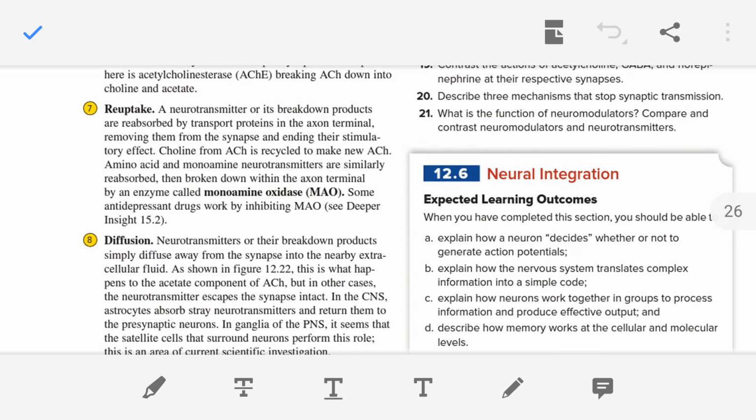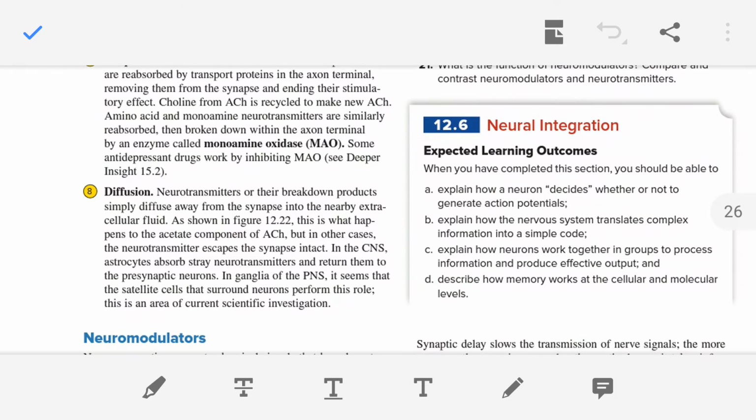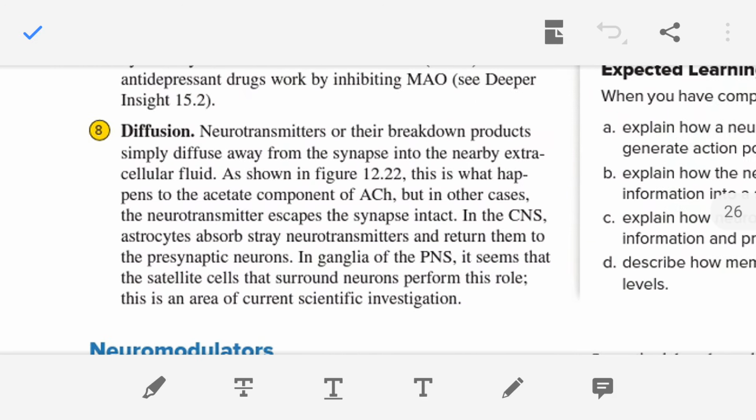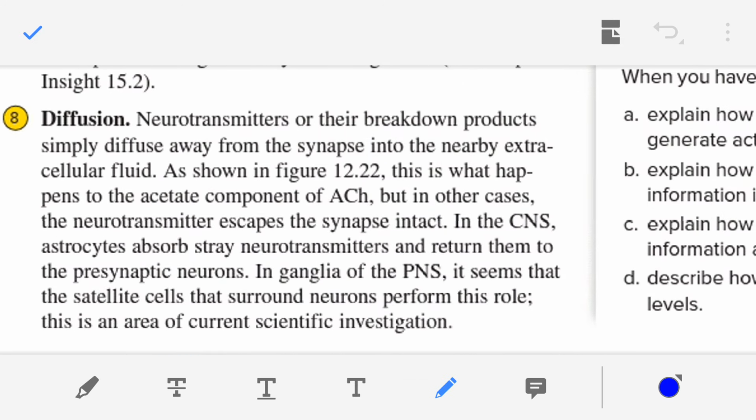This special kind of cell in the CNS is the astrocyte. The astrocytes absorb the stray neurotransmitter, and they return this neurotransmitter ACH into the synaptic end bulb of the presynaptic neuron.